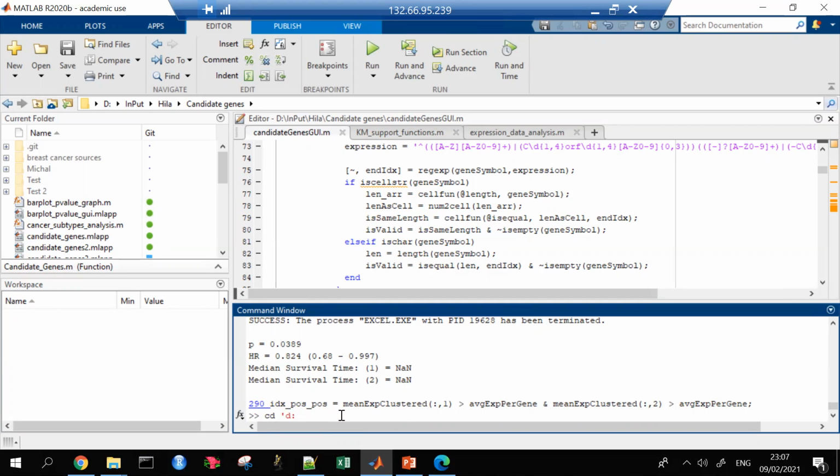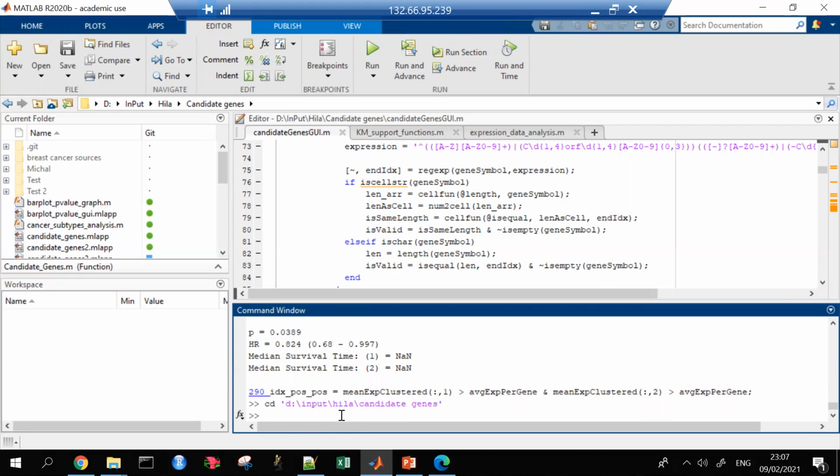You simply write dot dot and then input HILA candidate genes. Yeah, and we're currently in the correct directory. Again, go to candidategenes.gui, run the code.